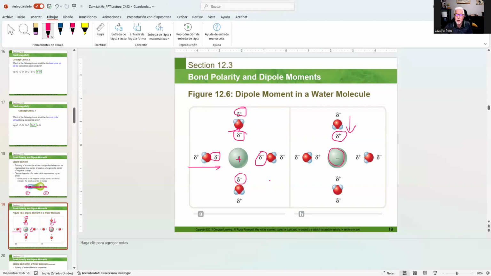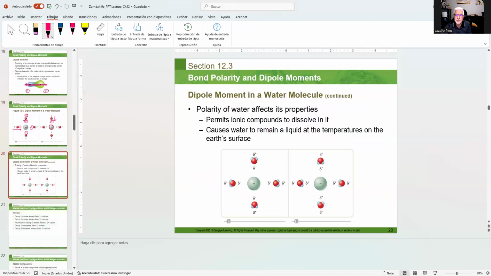That's why water can dissolve most of the compounds and is known as the universal solvent.